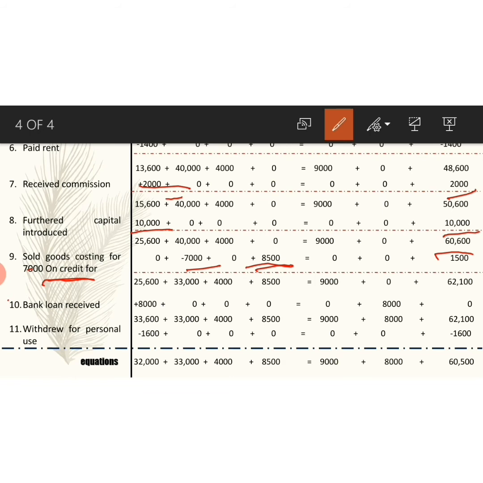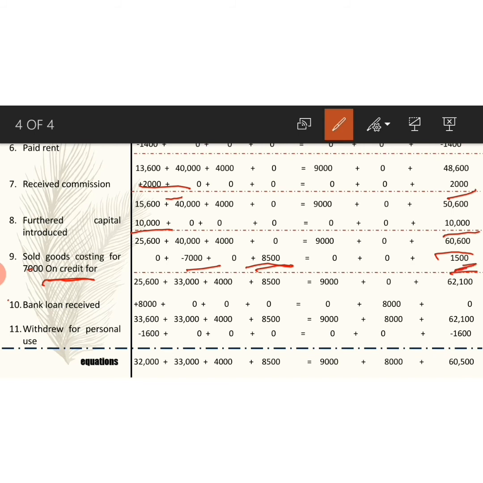And again, there is a difference of 1,500 between the 7,000 and 8,500. So that is the profit actually. The profit will always be added to the capital. That is the fund of the proprietor. That 1,500, which is the profit, should be mentioned in the proprietor's account. That is, add rupees 1,500.